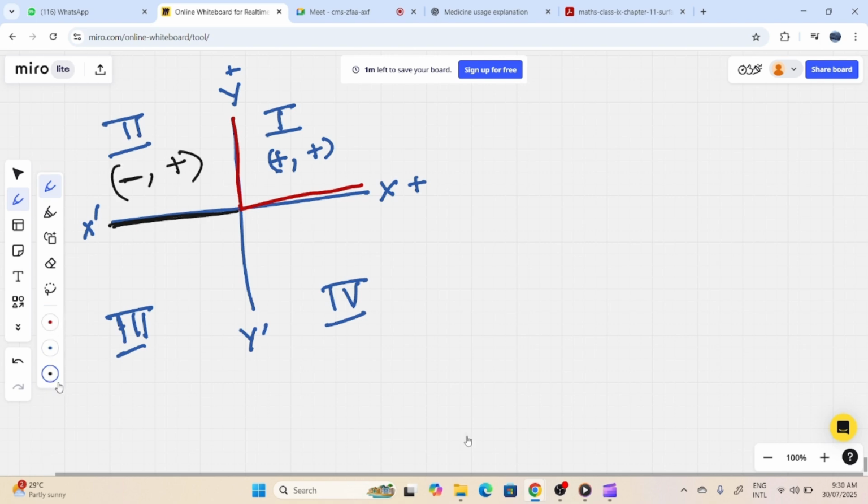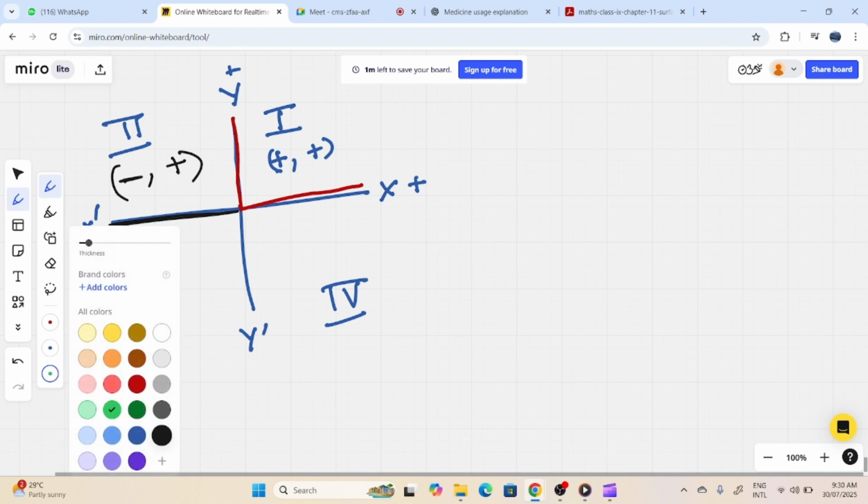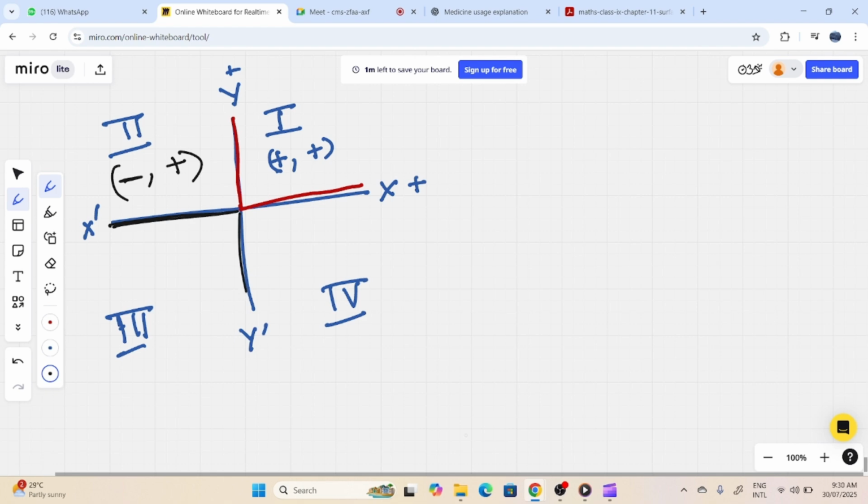But when you come to the next side, x is negative, y is also negative. So that is why this is negative, comma, negative. Here x is positive, y is negative. Okay, that's also very important to know.